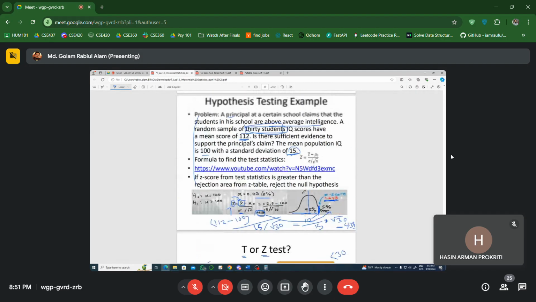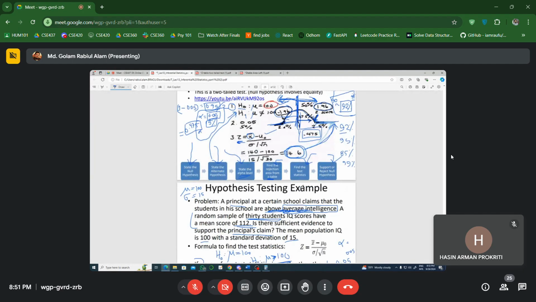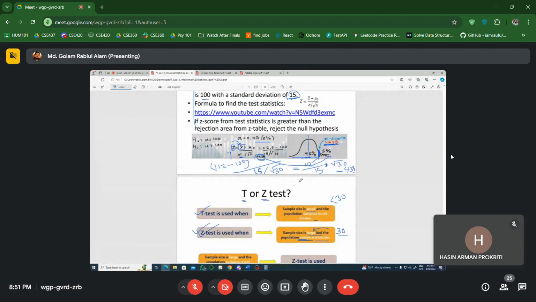In both of these tests, we got that. This is our test statistic. This statistic is greater than our Z score, 1.96. That's why we have rejected the null hypothesis. And here is also the same.